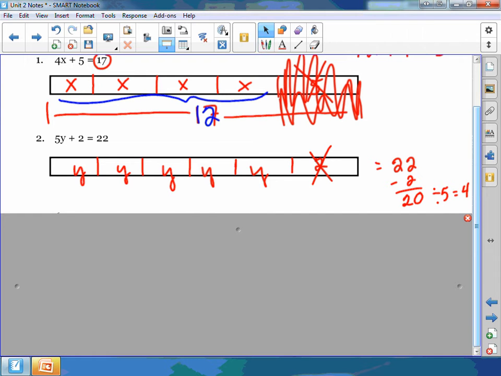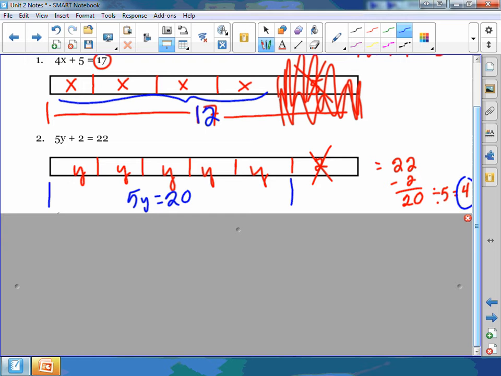So when you take the 2 away, like I did right here, this amount that's remaining is now only going to equal 20 instead of the 22. Imagine taking scissors and cutting that end off. Two are gone. So I know 5 equal parts are equal to 20. So then you'd figure out, what's the value of 1y? Well, you divide by 5, just like we've been doing, and that's how we end up with a value of 4.